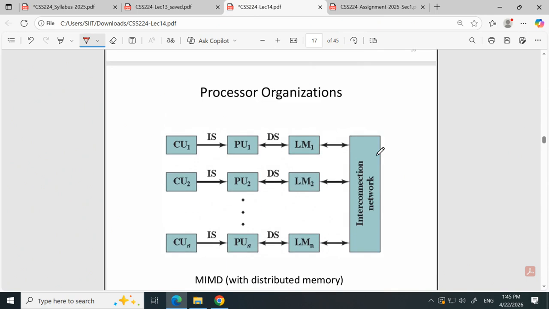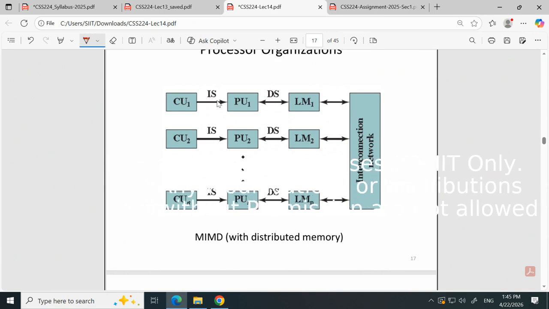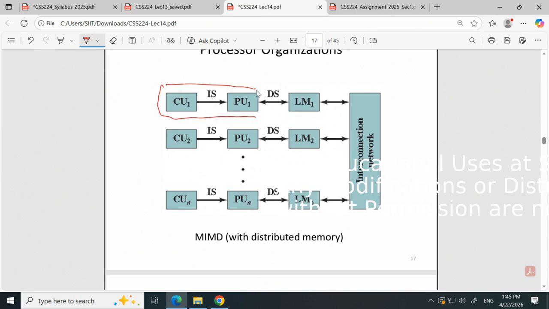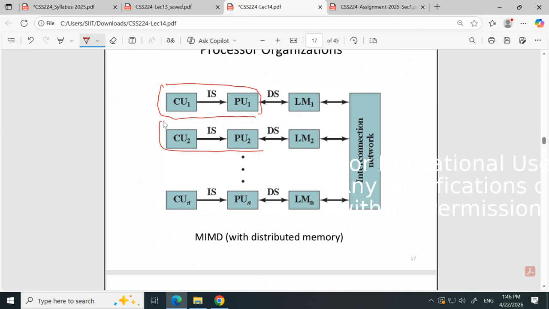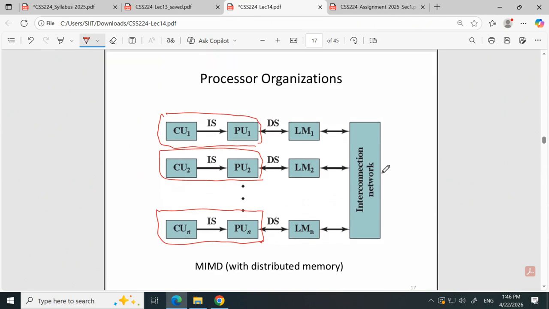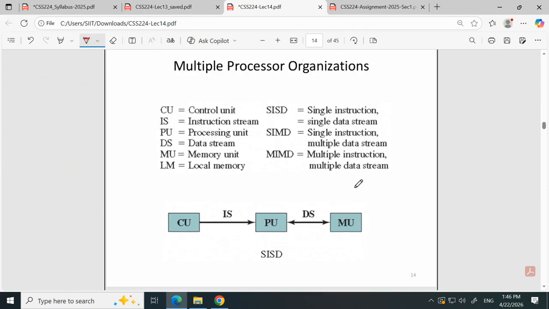This structure, core, core again. DS is data stream.